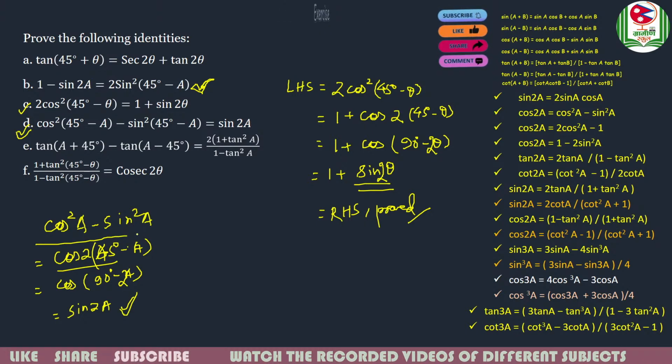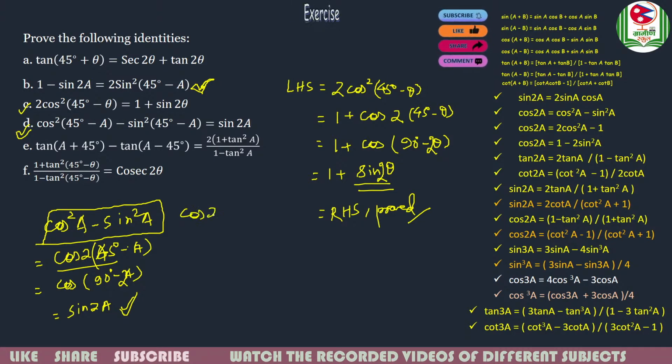Just use this formula, just relate this D number's LHS with cos square a minus sin square a. So here a is nothing but 45 minus a. So we can write cos square a minus sin square a, with instead of a there is 45 minus a. And we all know that cos square a minus sin square a is cos 2a.